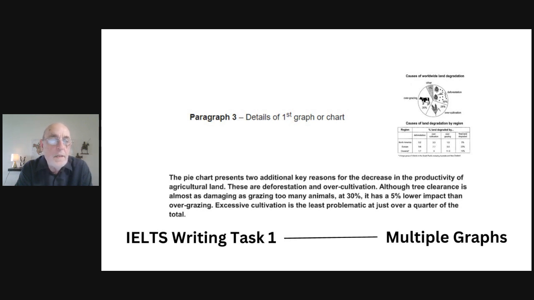And although tree clearance is almost as damaging as overgrazing, at 30%, it has a 5% lower impact. Excessive cultivation is the least problematic at just over a quarter of the total. So all I've done is looked at the labels and the descriptions and percentages in the pie chart and written a paragraph about that. That's all I've done in paragraph number 3.